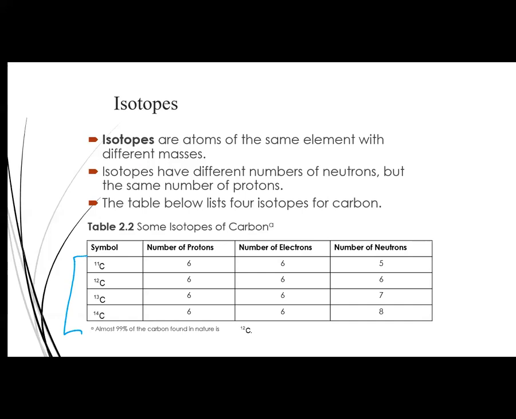Now, we know that their mass is different, but their number of protons is always going to be the same. Your number of protons will always tell you what element you're dealing with. If you change the number of protons, you're dealing with a new element. Neutrons are different. If you change your neutrons, you're just going to change the mass.